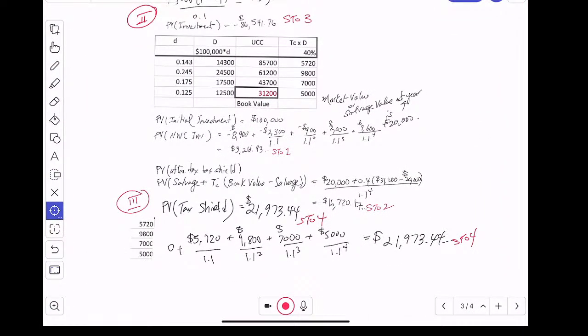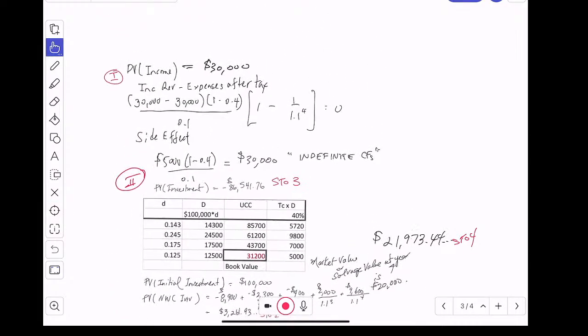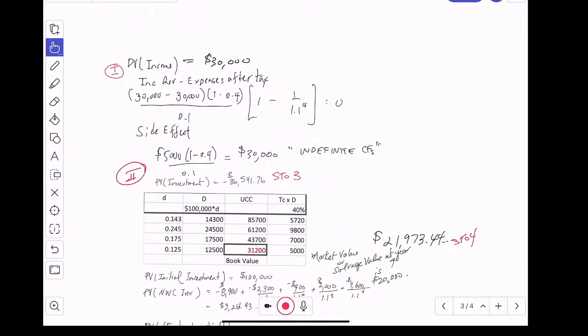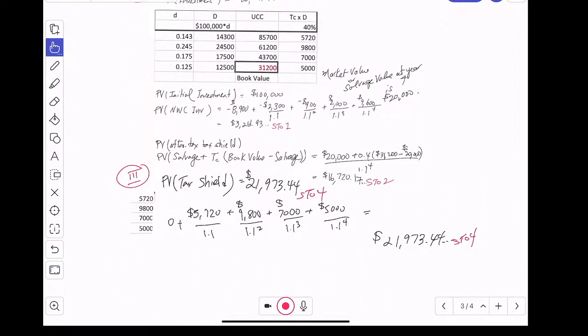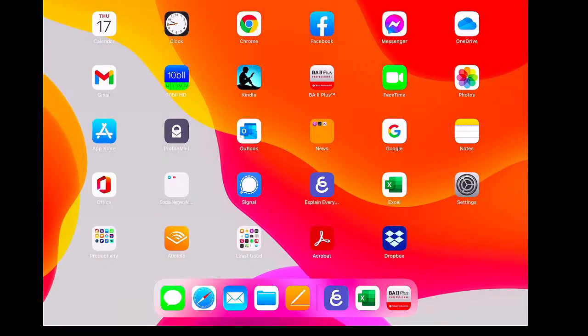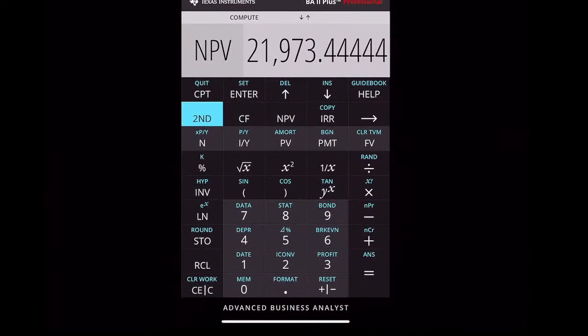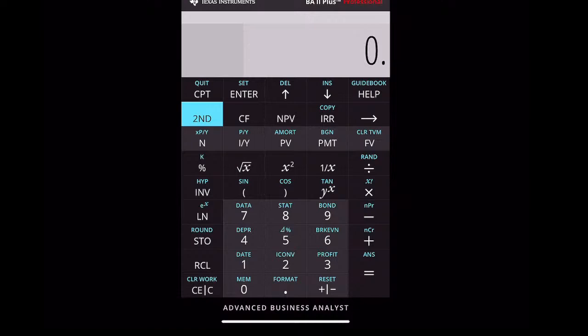So what we have to do now is add recall 3, recall 4, and the first one, $30,000. See, but I have all these decimals. Oh well. Let's do recall 3 plus recall 4 plus 30,000. Wait. Clear.